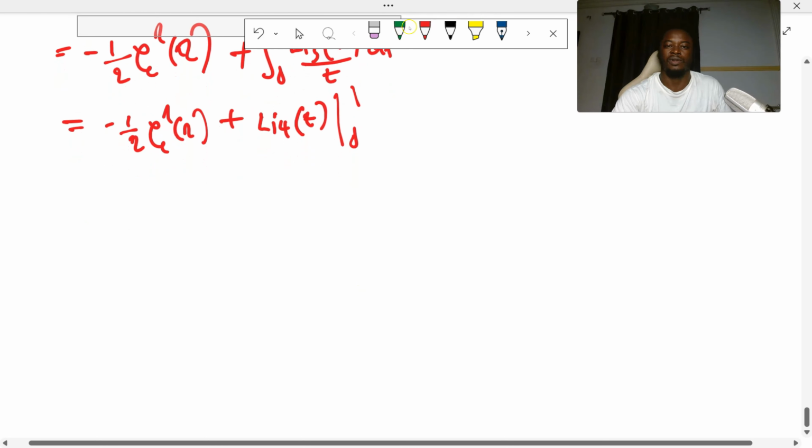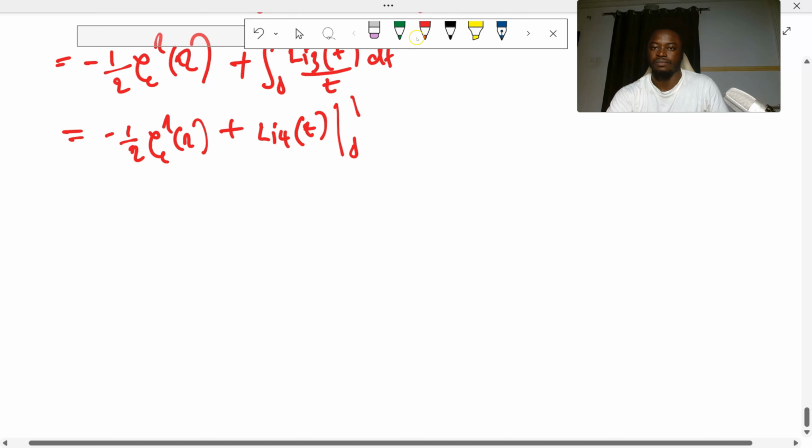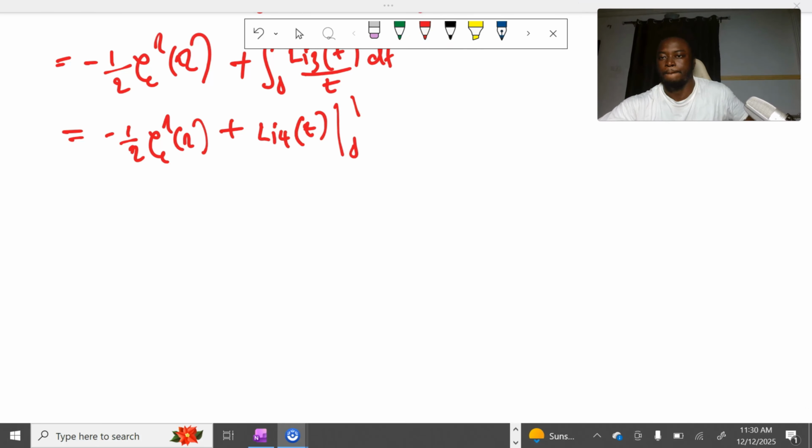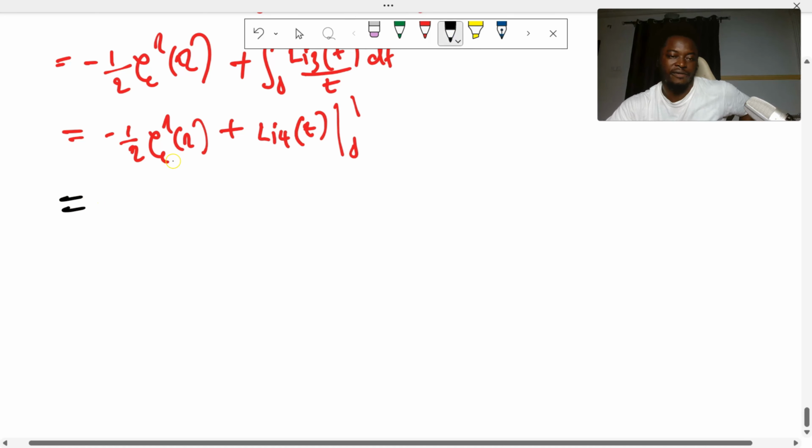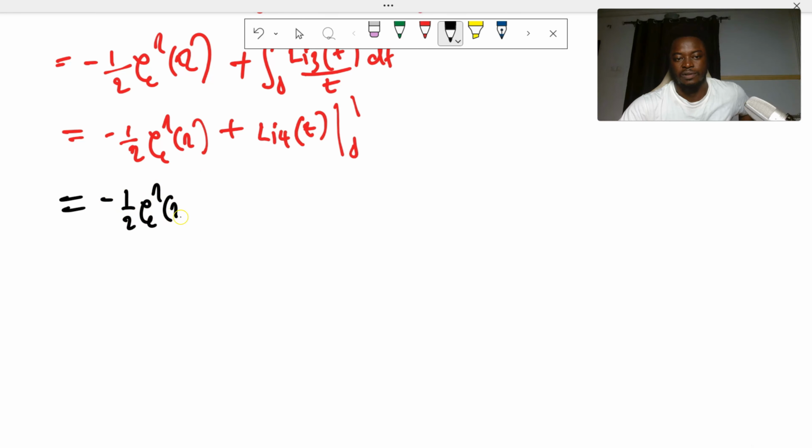This will be equal to negative half of zeta squared of 2, then this is going to be plus zeta of 4.